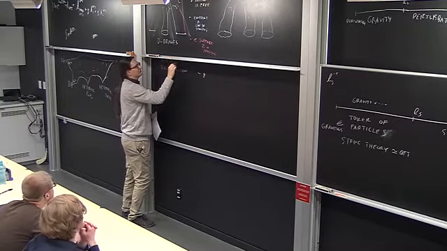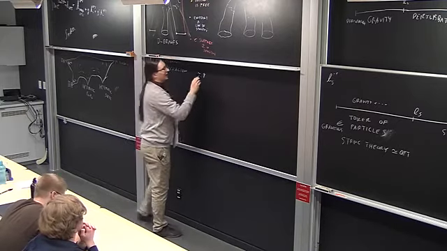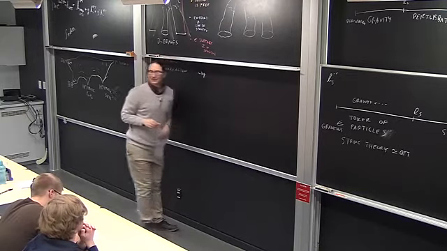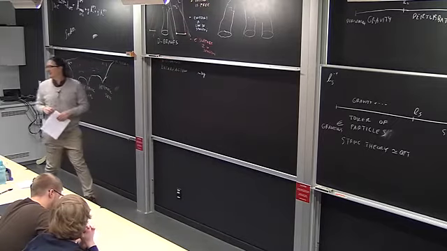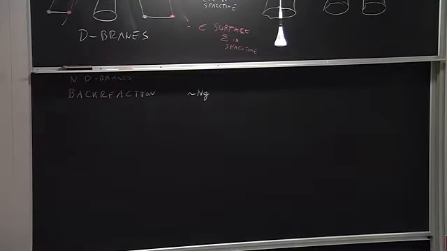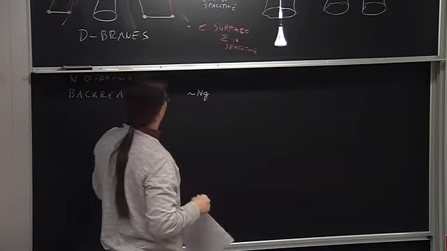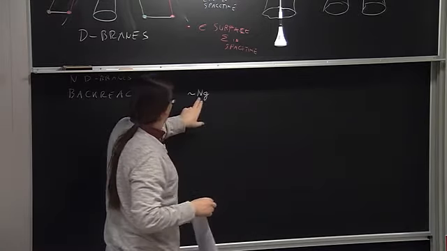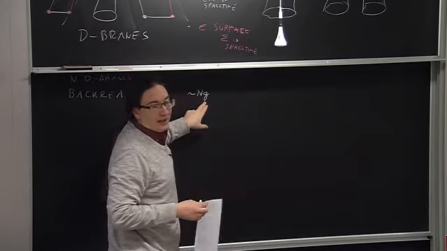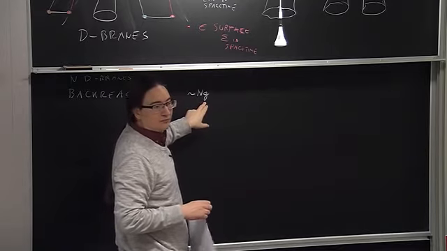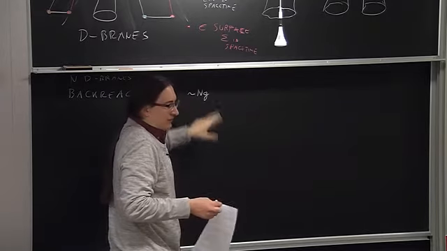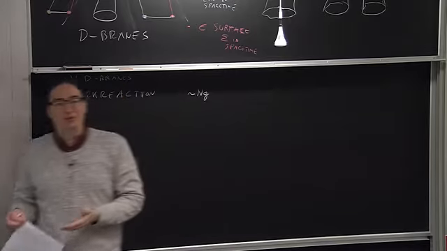Then the back reaction will be proportional to the number of D-branes. And you can imagine looking at a regime where you put a lot of D-branes, where N times g_string is finite. So that should give a real back reaction to your background.